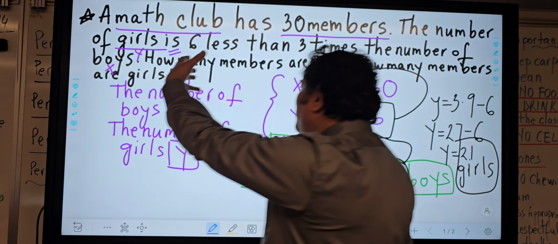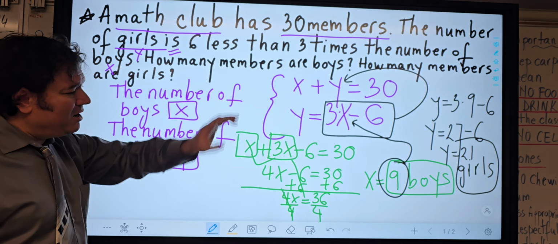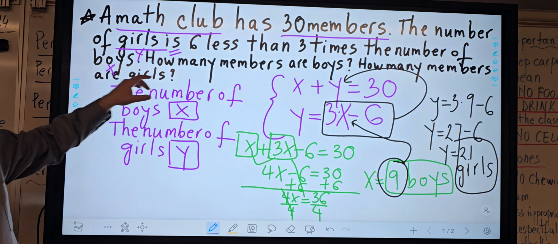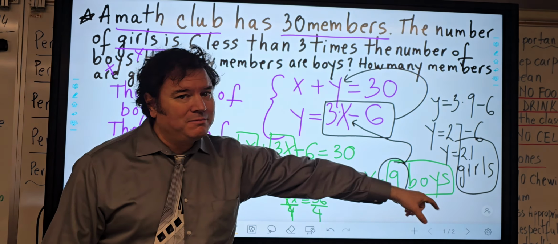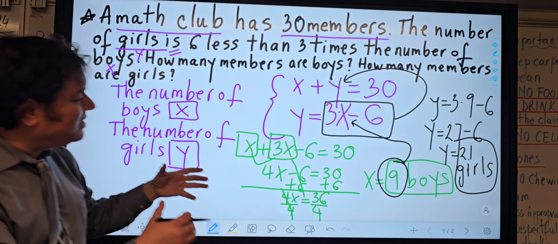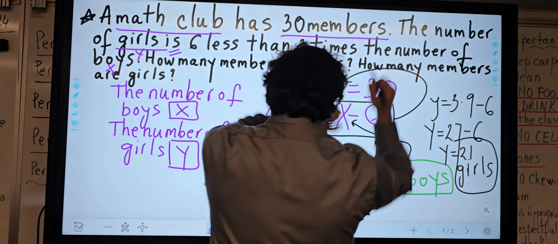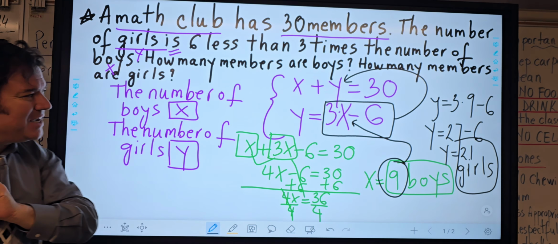That's it. So now we know how many boys are there? 9 boys are there. And then how many members are girls? 21 members are girls. And to check that, if we add 9 plus 21, we get 30 members. Okay?